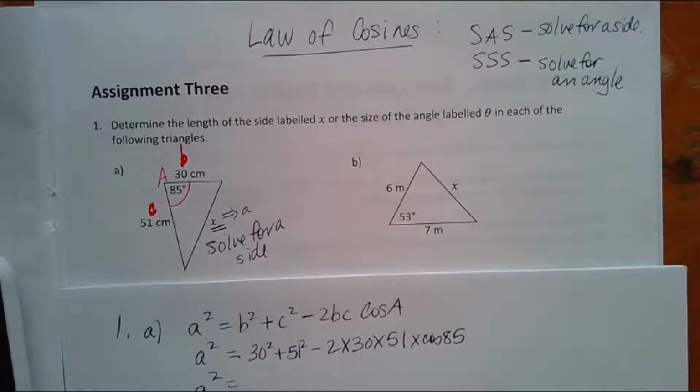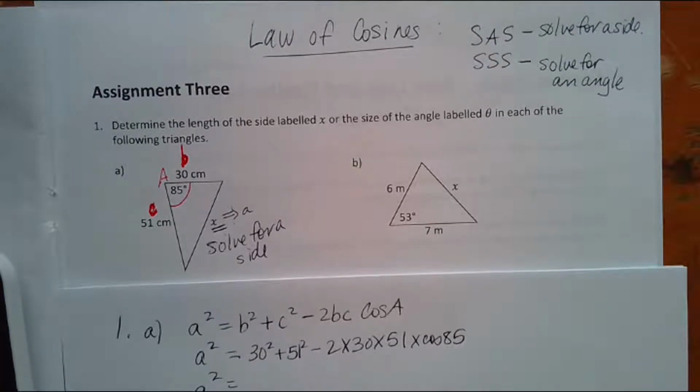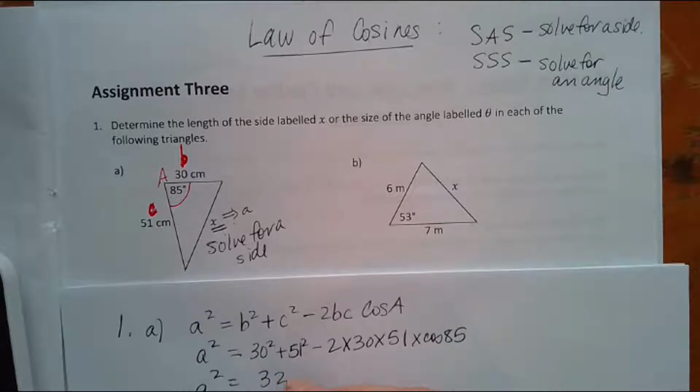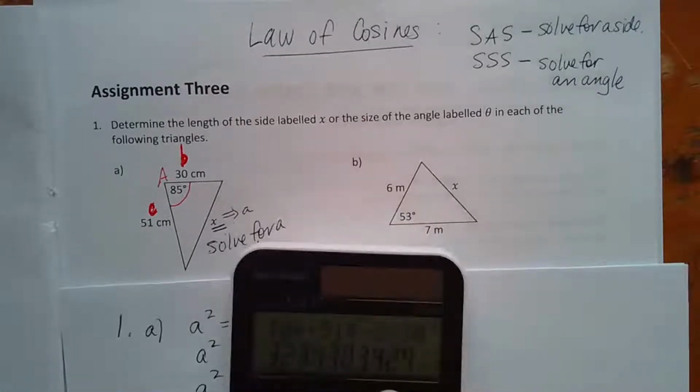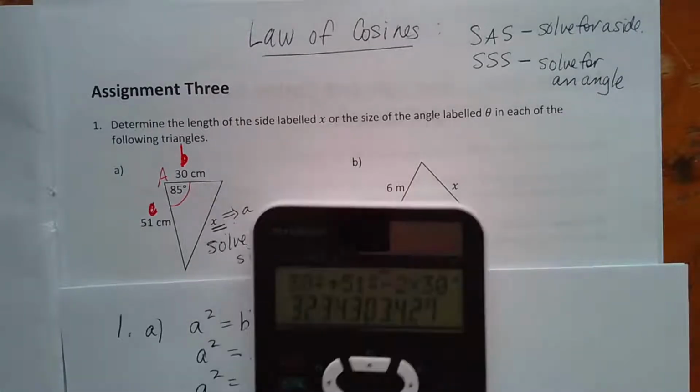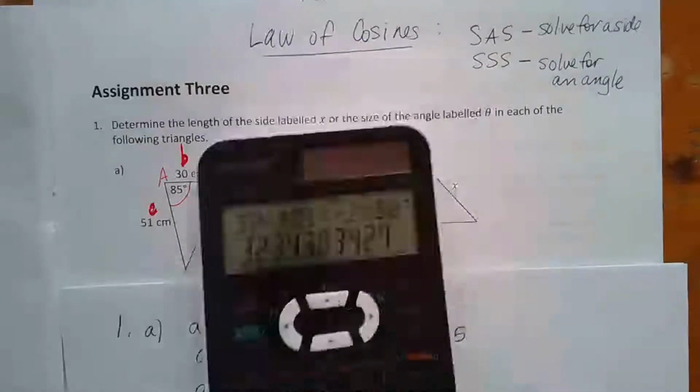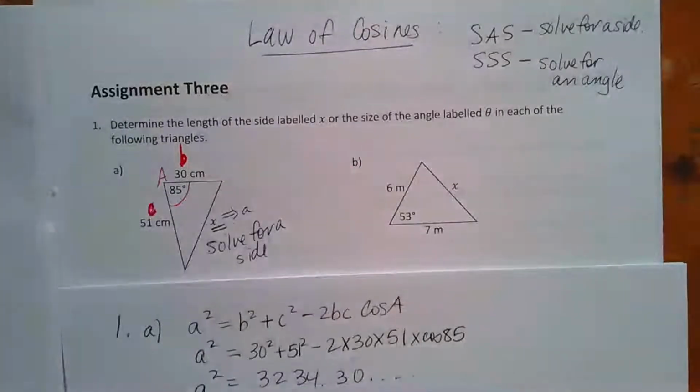30 squared plus 51 squared minus 2 times 30 times 51 times cos of 85. And I get this big answer, right? Now, as I said last week, I'm going to leave it in my calculator because I've not finished the question yet.